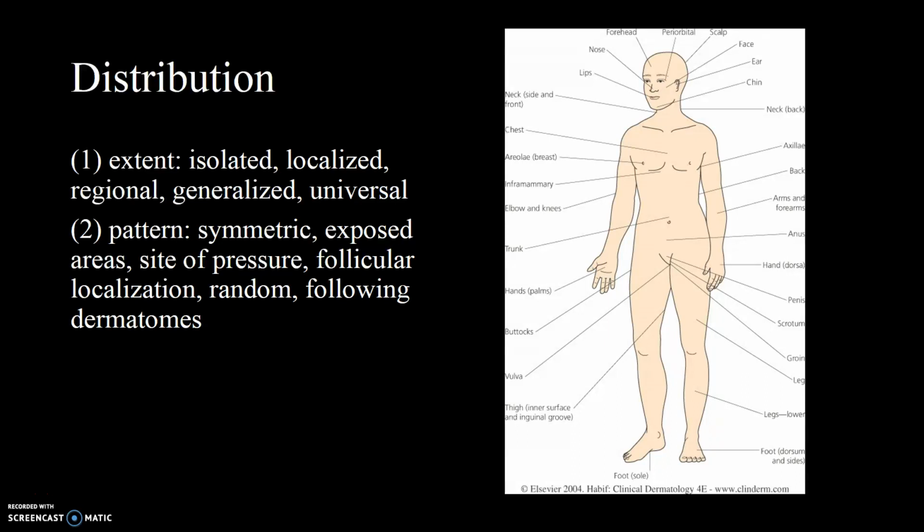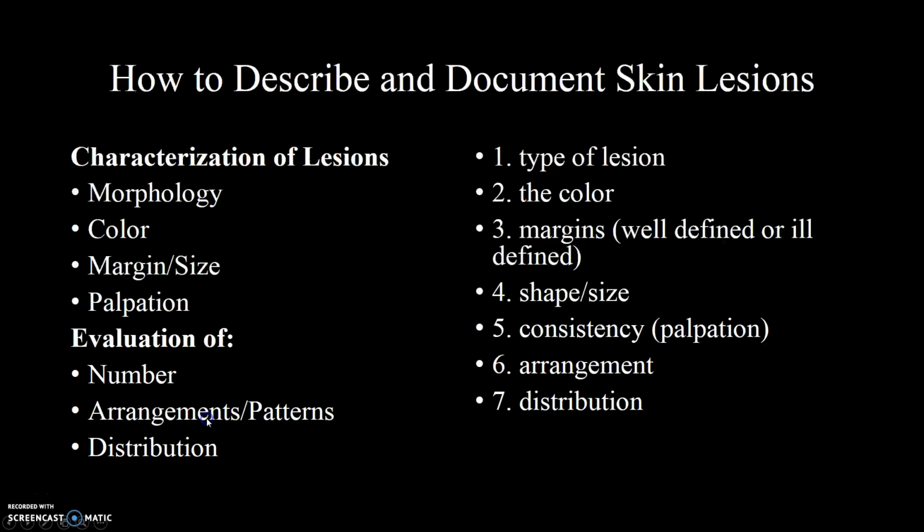Again, those lead us to diagnoses. So how do we describe and document these skin lesions? Exactly what we just reviewed. We characterize the lesions by morphology, color, margin and size, palpation and consistency, the number, the arrangement and pattern, and the distribution.